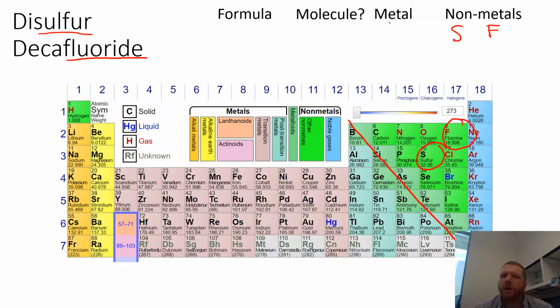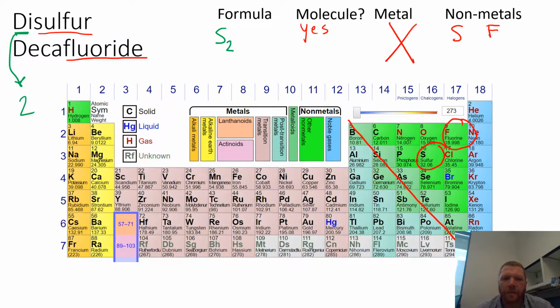Okay, do we have any metals? No, we do not. So is this a molecule? Yes, it is. This is a molecular compound. Okay, so now what do we need to do to figure out our formula? What we need to do is look at our prefixes. Disulfur, Di means 2. So we have S subscript 2.